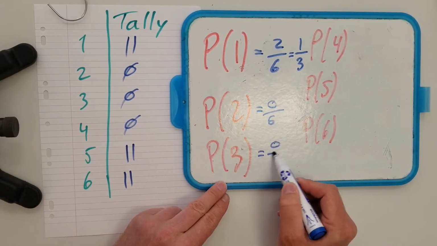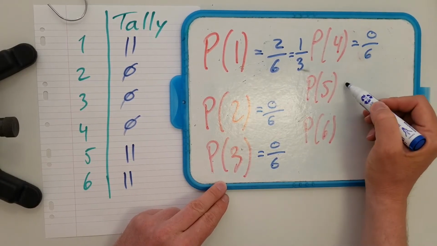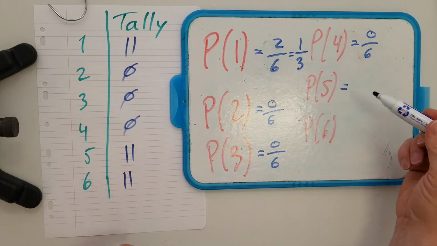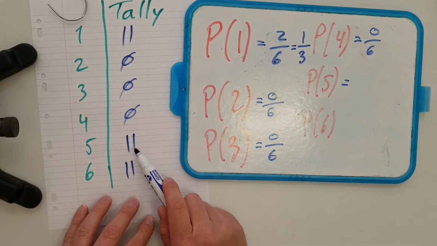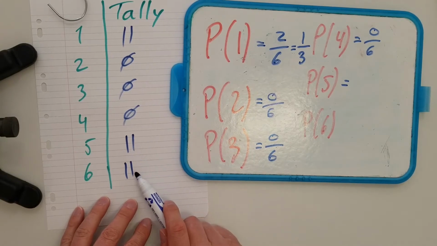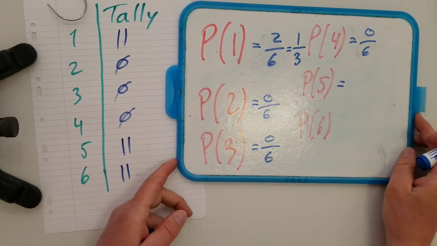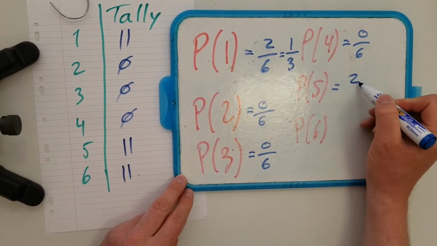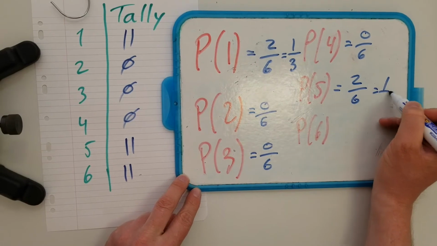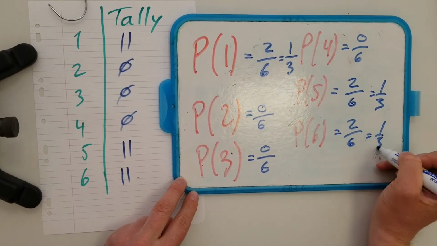Yep, same for a 3. And from my experiment, I'll let you guys finish these 2 off and you can answer them on Edpuzzle. What's the probability of getting a 5 and what was the probability of getting a 6 from my experiment that I just conducted? Okay, so probability of getting a 5 is 2 out of 6 or 1/3. And same here, 2 out of 6 or 1/3.